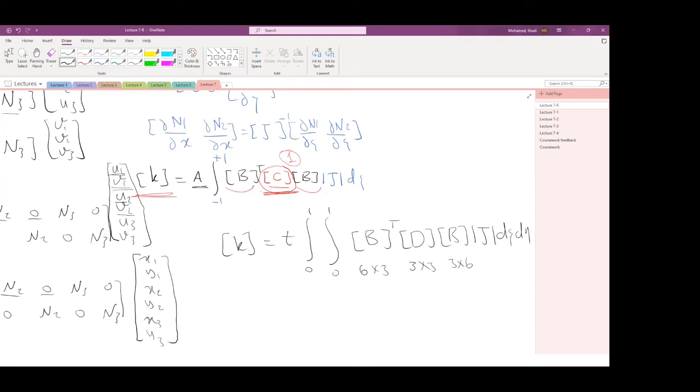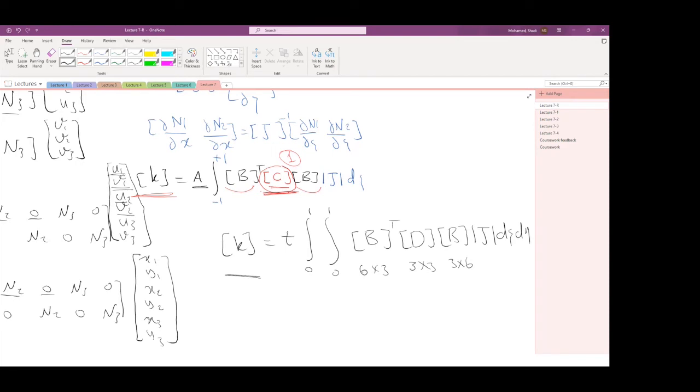You need to go over this on your own and see how you understand it, and then you can come and ask me questions if you want to ask anything in relation to how we develop the stiffness matrix for the 3-noded elements. Once you have the stiffness matrix for the 3-noded elements, the assembly process would work the same. So you build the global system of equations in the same way like before, and you solve this global system of equations the same way like before, and you get the solution.